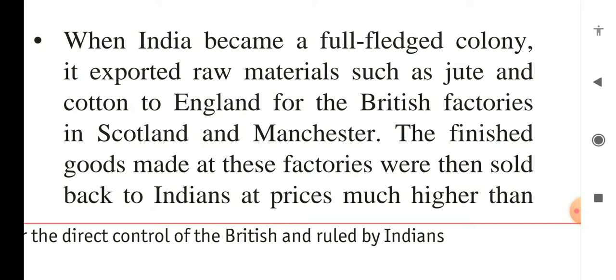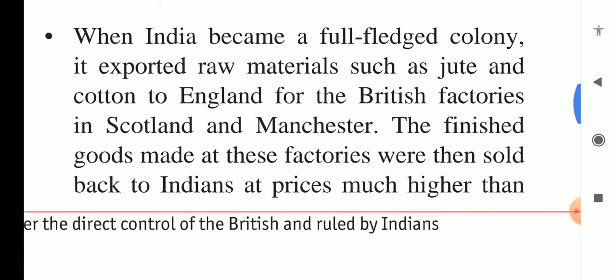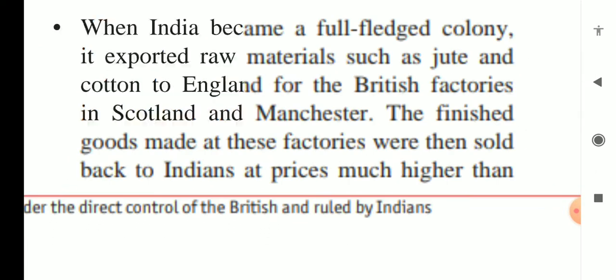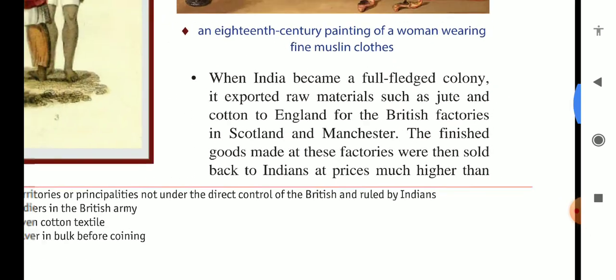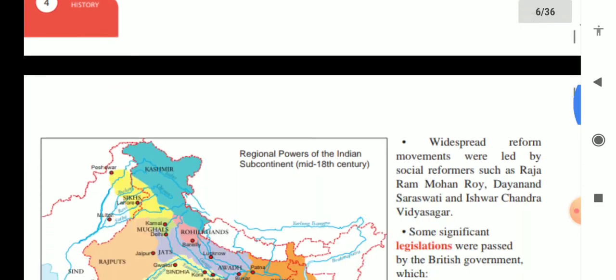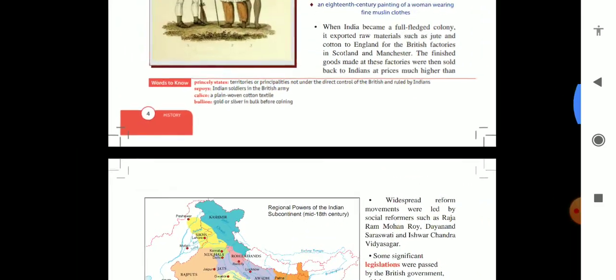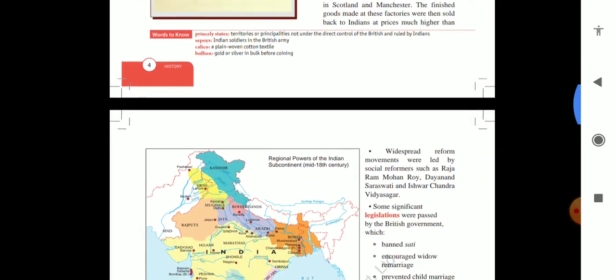So machine requires raw materials very quickly. So India started exporting raw materials such as jute and cotton to England for their factories. Then the finished goods made at these factories were then sold back to Indians at price much higher than that.